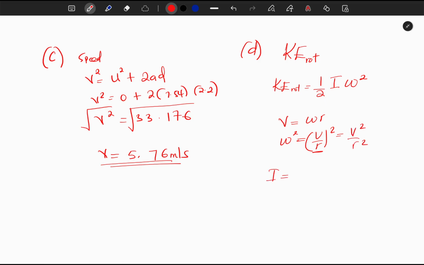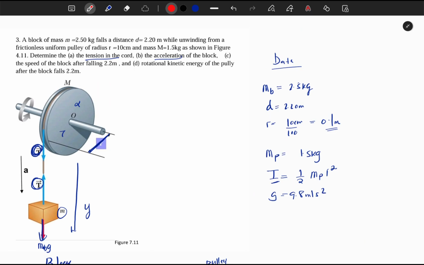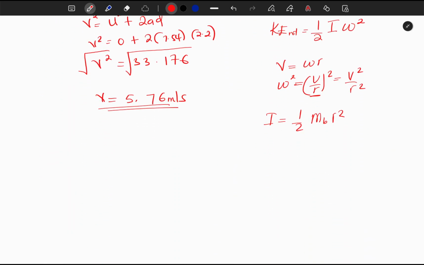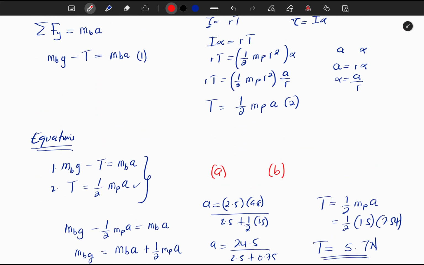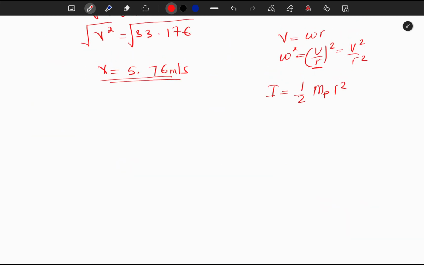Good. Then I need to find moment of inertia, which is half mass multiplied by the radius squared, if I'm not mistaken. Or M P, sorry, not M B, but M P, then radius squared. Hope I did the correct thing. Okay, fine. Then we can just work it out.